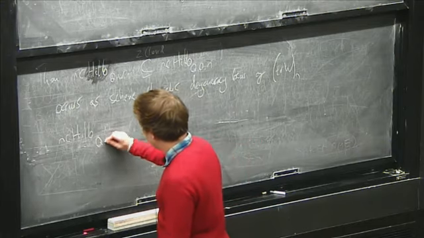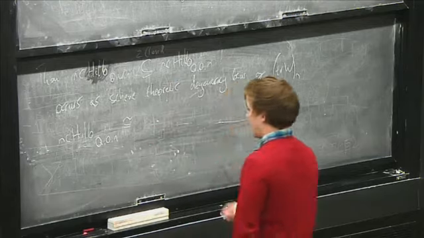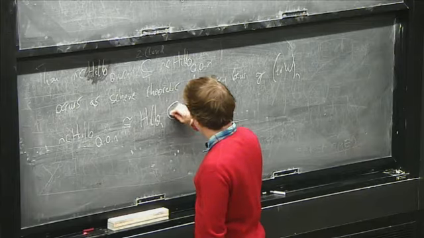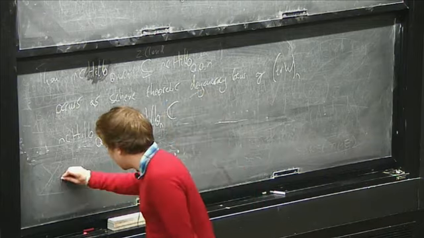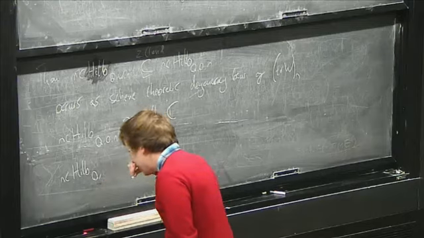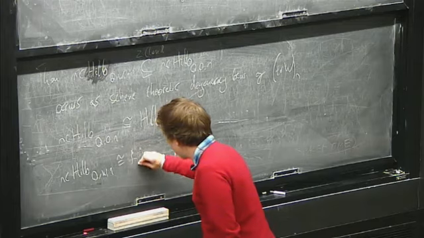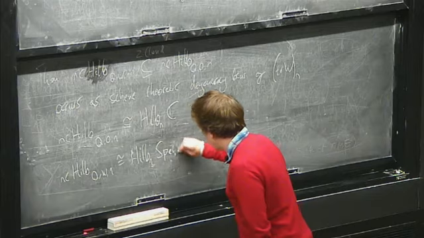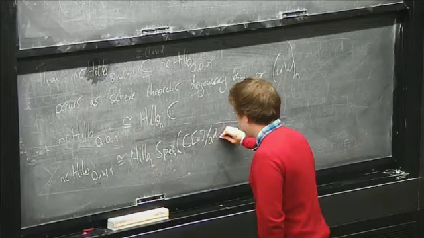Then NC Hilb Q,0,n is basically equal to the Hilbert scheme of n points on C. And NC Hilb Q,W,n is isomorphic to the nth Hilbert scheme for Spec of C[A] over A to the d.